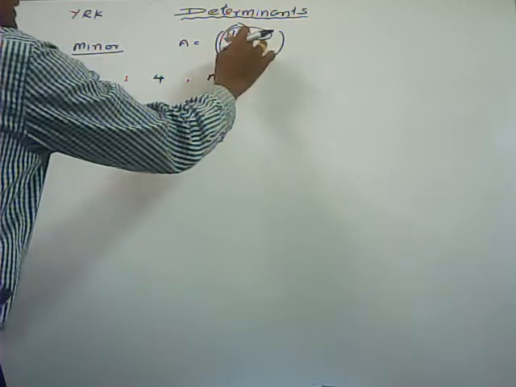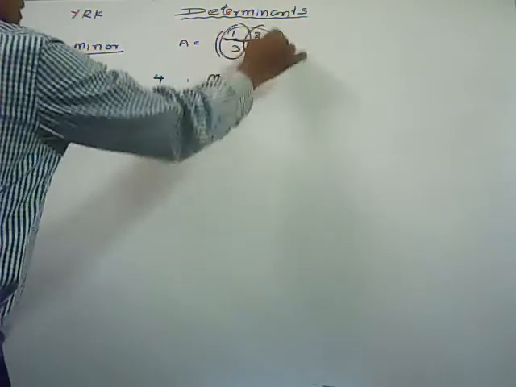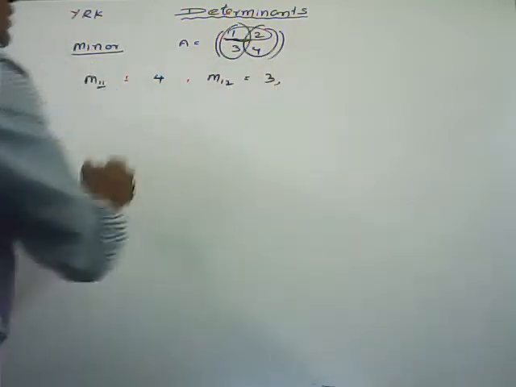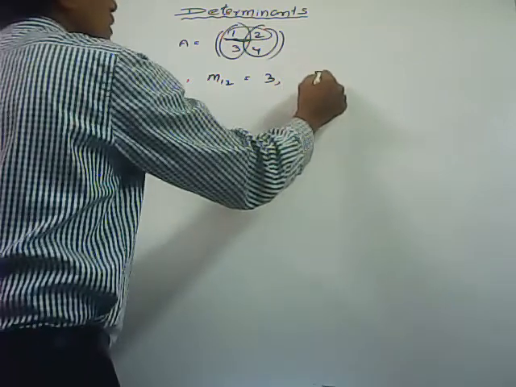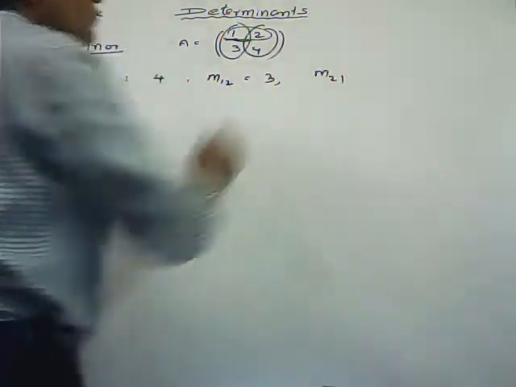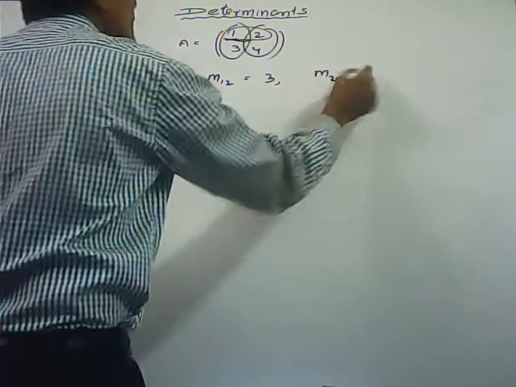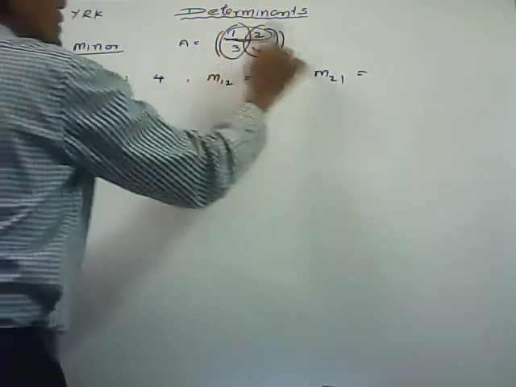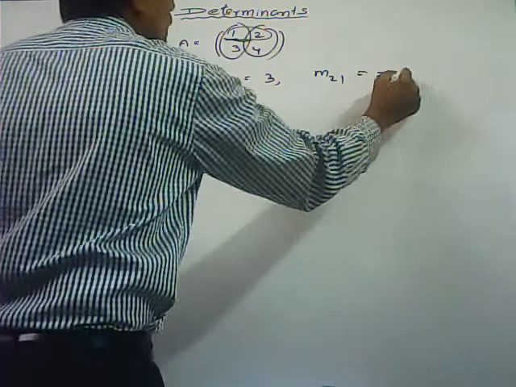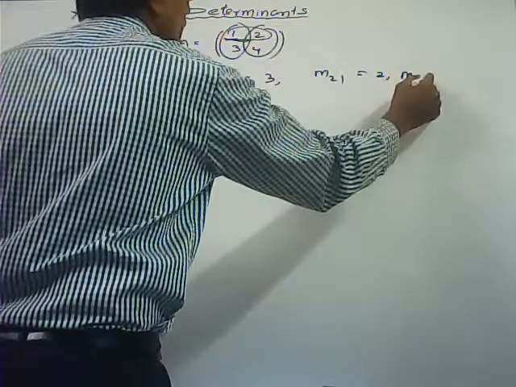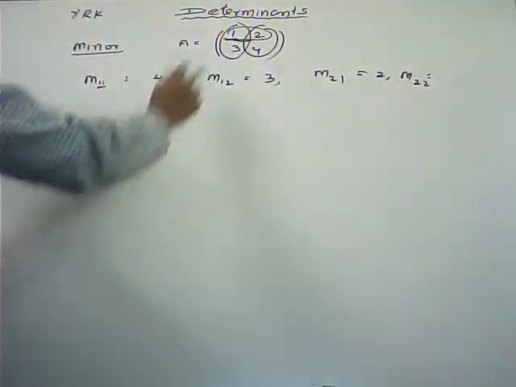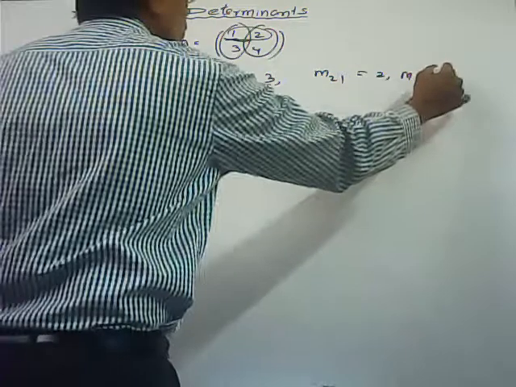We remove the first row and second column, and here we get 3. M21, the minor of the second row first column, is 2, and the minor of the second row second column, if I remove that row and column, we get 1.